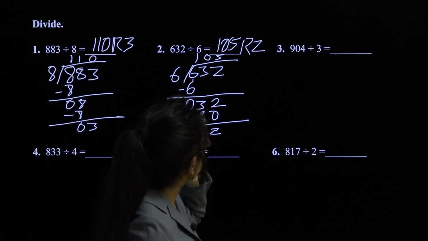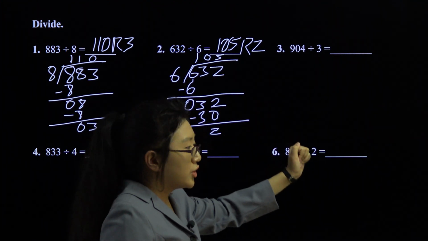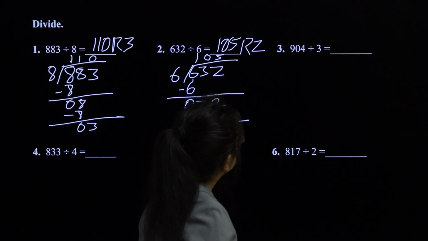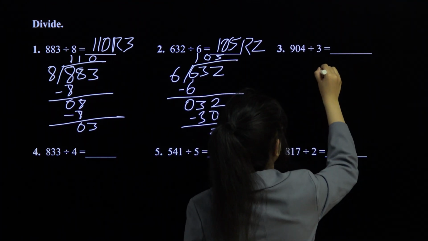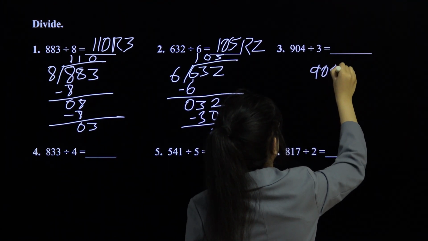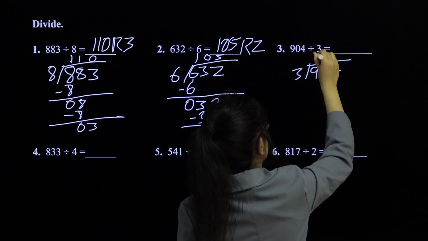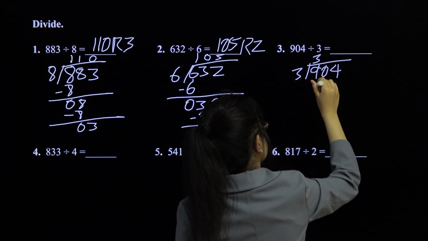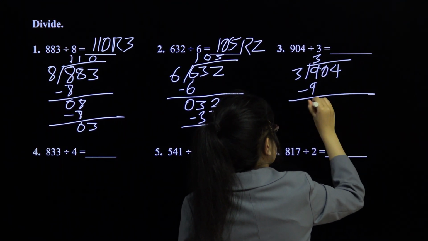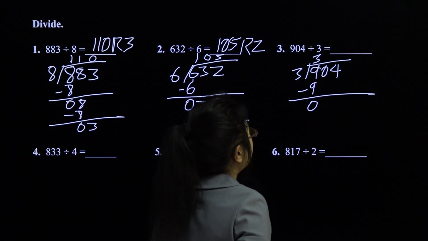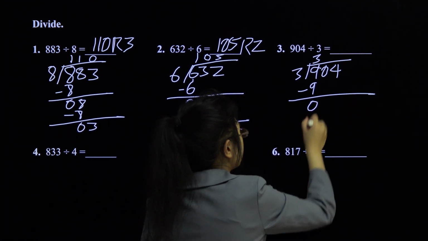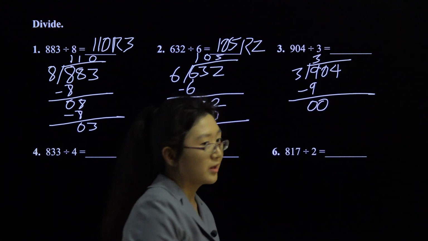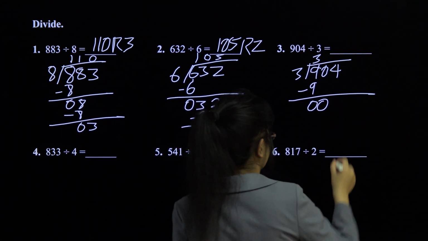Okay, 904 divided by 3. 3 goes into 9 3 times. And then you get 0. But the next digit is also a 0. So you have to drag down another digit.